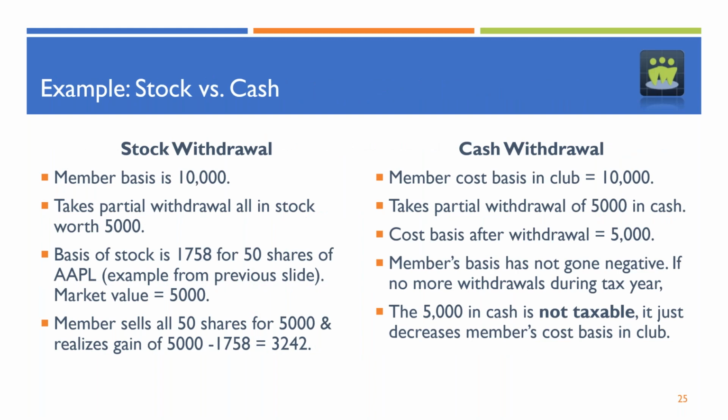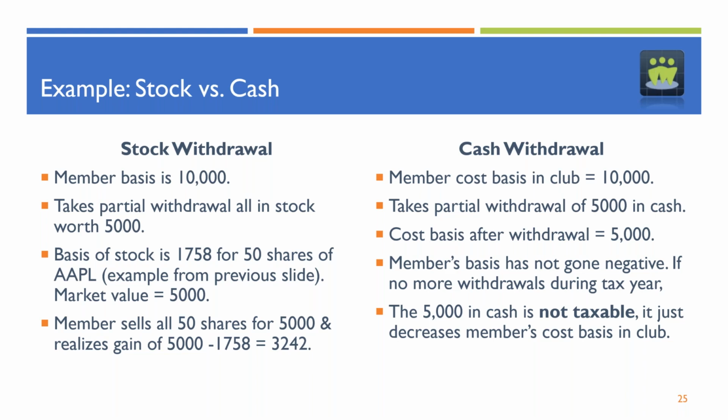So here's how a partial withdrawal, where you receive stock, might cause a member to get a capital gain from the withdrawal. Well, a cash withdrawal does not. Here's the scenario. The member's cost basis in the club is $10,000. They're taking a partial withdrawal of $5,000, either in stock or all in cash.